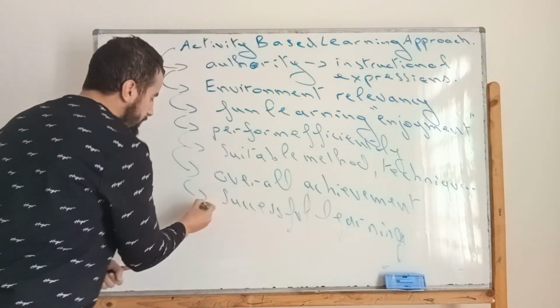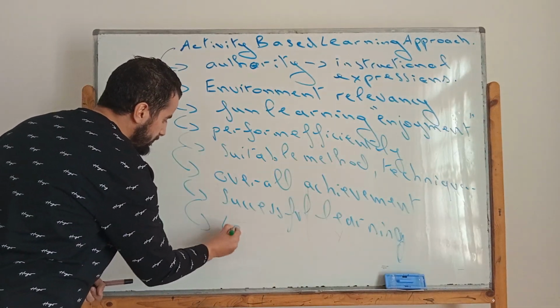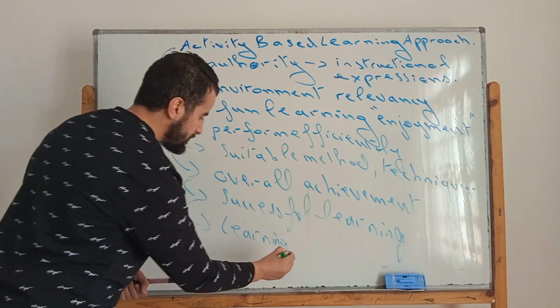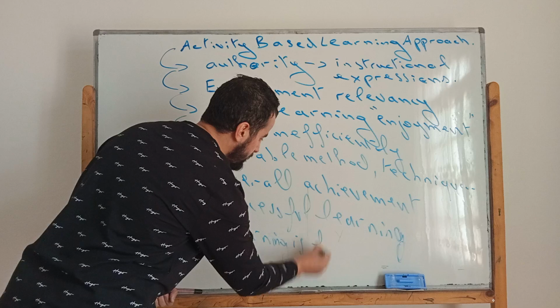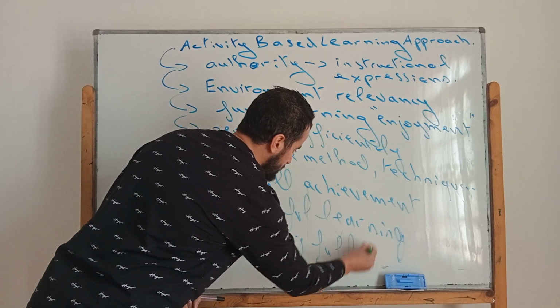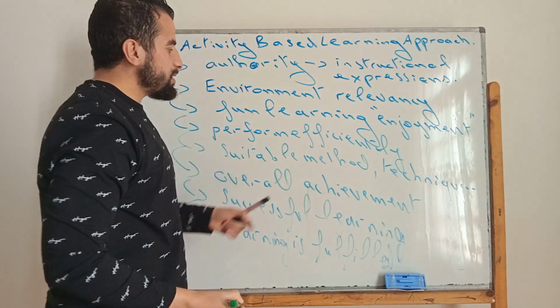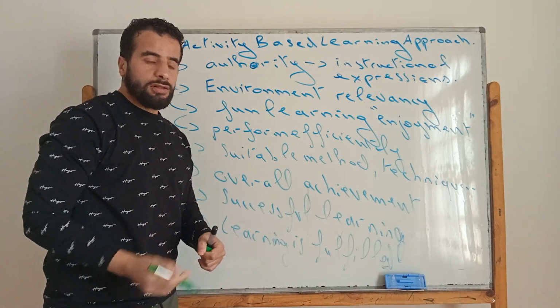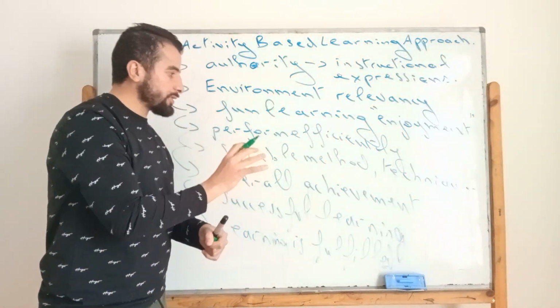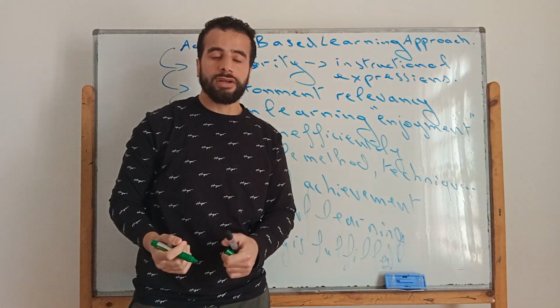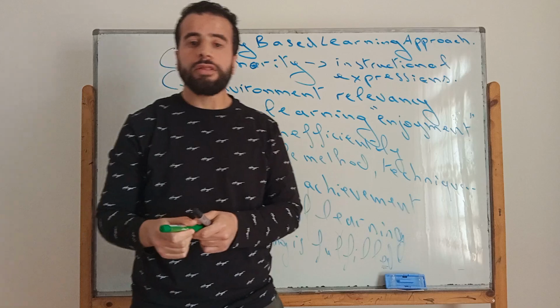So here, the learning objective is fulfilled. This is it. So we need to consider all these elements that are parts of the activity-based learning approach. That was all. Thank you very much.